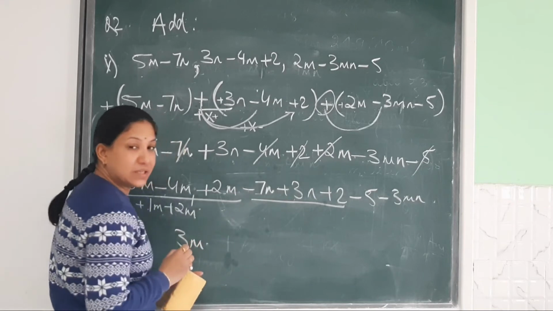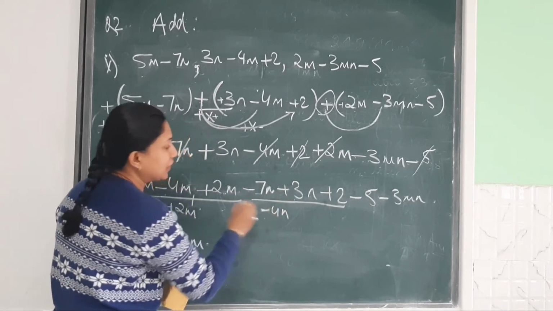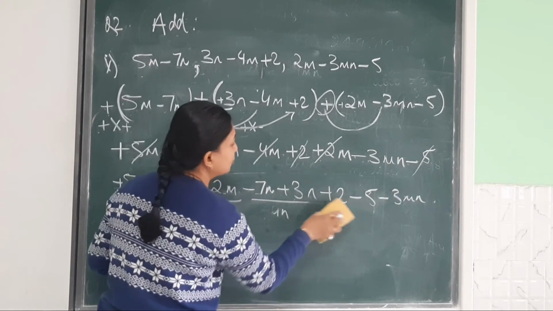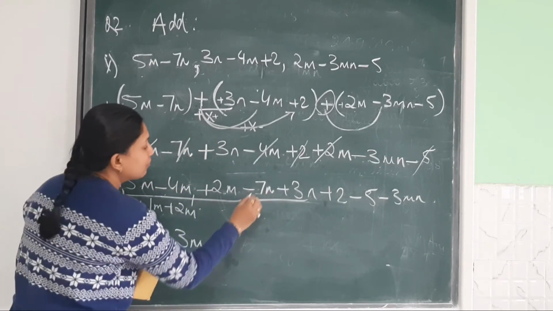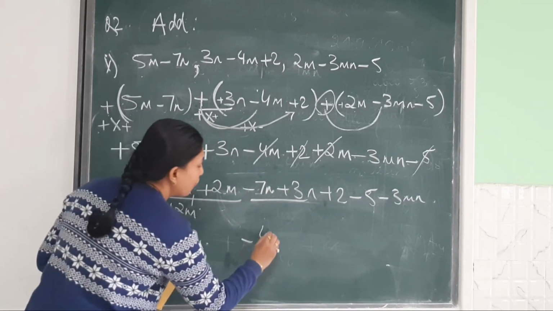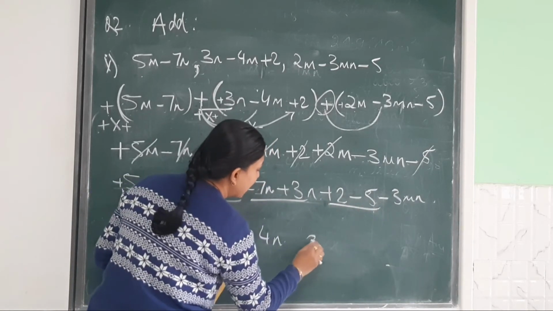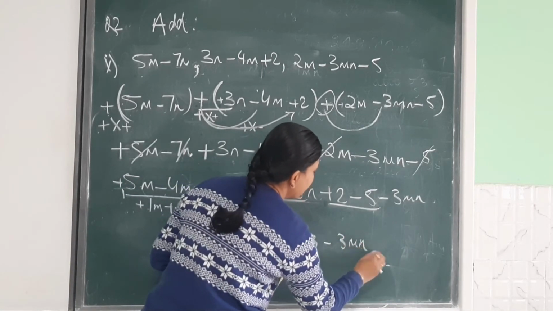Minus and plus, difference in sign, subtract and put greater number sign. But there are only two terms, so it's easy. Minus 4n. This again, difference in sign, subtract and put greater number sign, and minus 3mn.